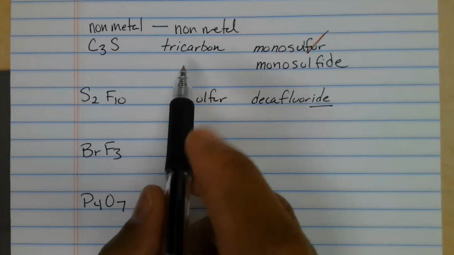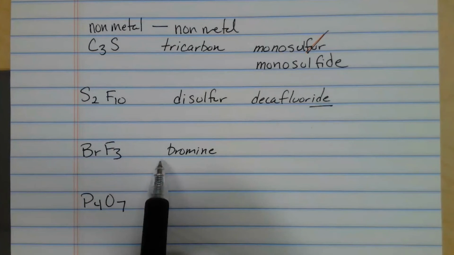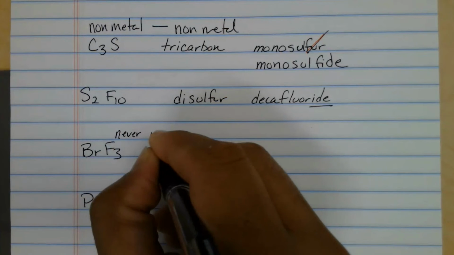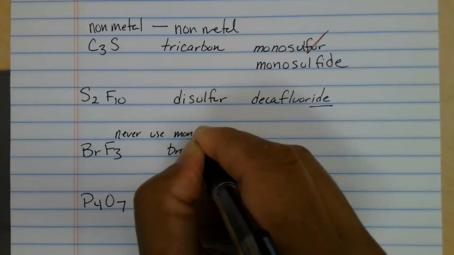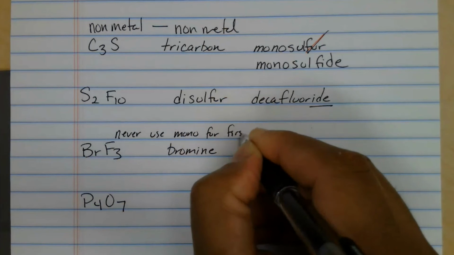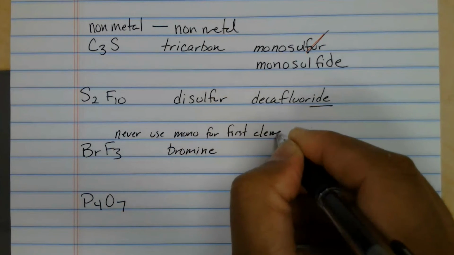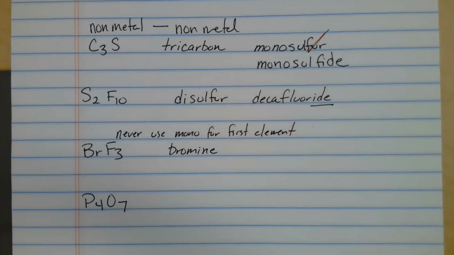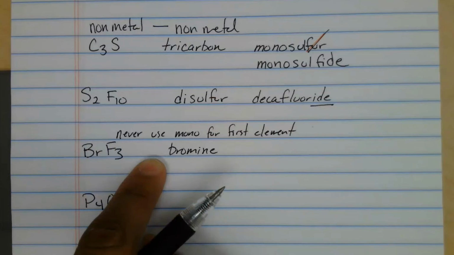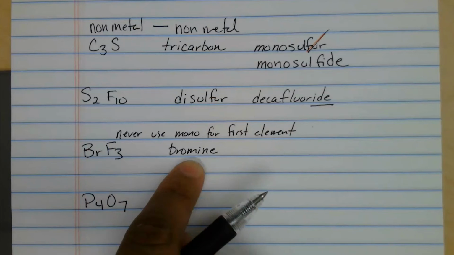We use prefixes for everything except when there's one at the beginning, you never use mono at the beginning. Never use mono for the first element. That's it right there. Just say bromine.